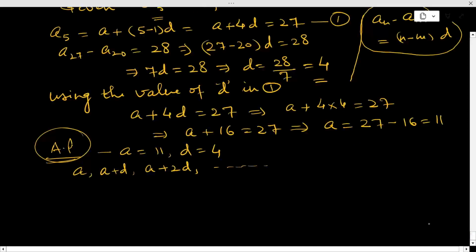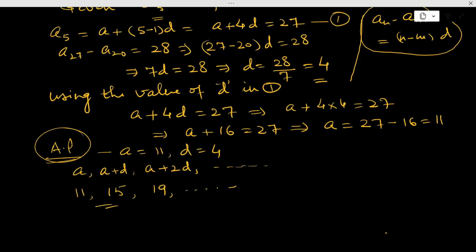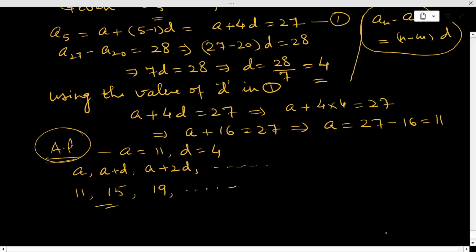The value of a is 11, a plus d is 15, and a plus 2d is 19, and so on. So this is our AP. This is how we can determine an AP.